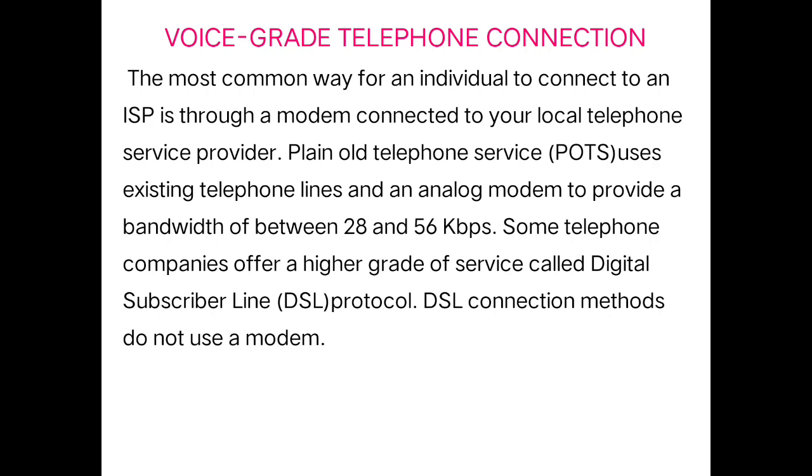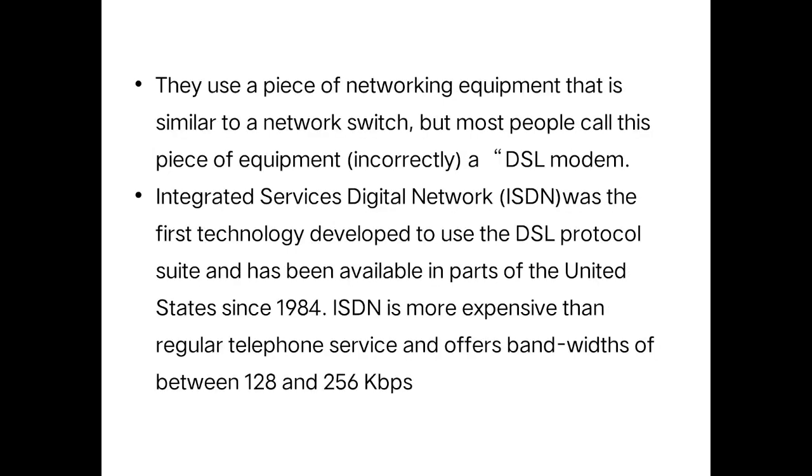Then some telephone companies offer a higher grade of services called digital subscriber line. It means DSL protocol. DSL connection methods do not use a modem. They use a piece of networking equipment that is similar to a network switch, but most people call this piece of equipment incorrectly a DSL modem.